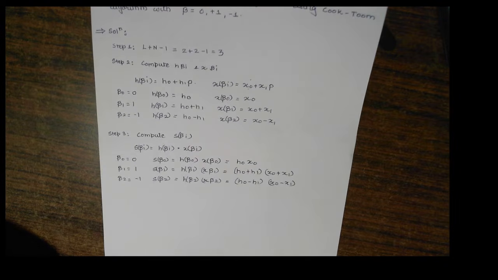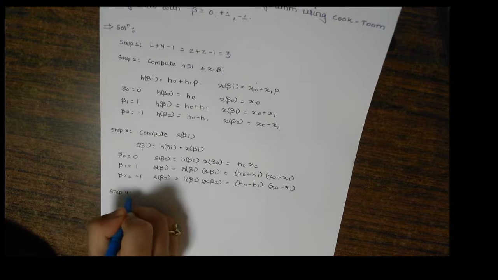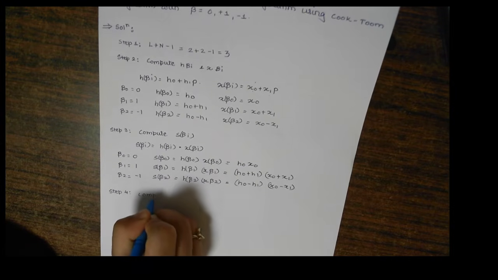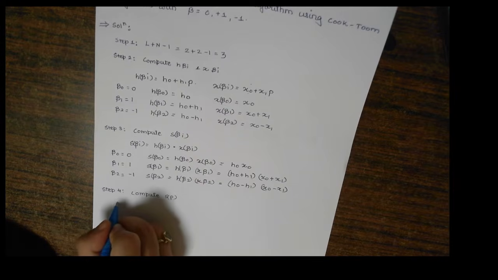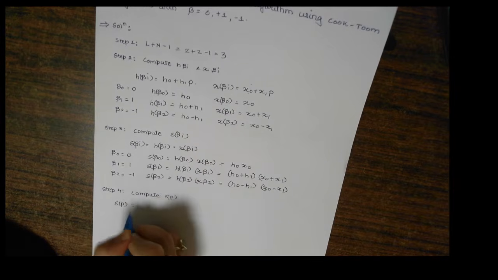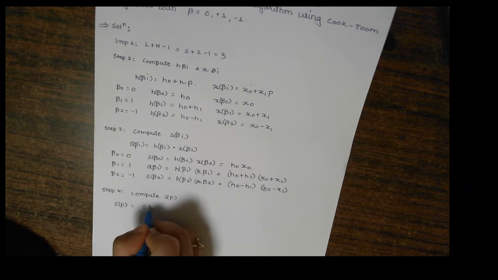Okay, next step, that is step 4. We need to compute S p with the help of Lagrange's interpolation formula. So S p is given by, the shortcut for remembering this is, you need to write down S beta 0.